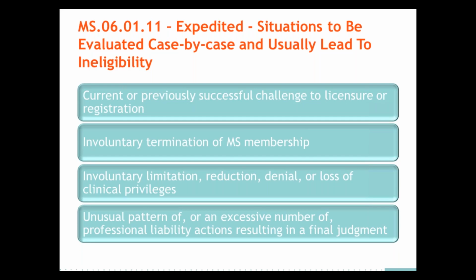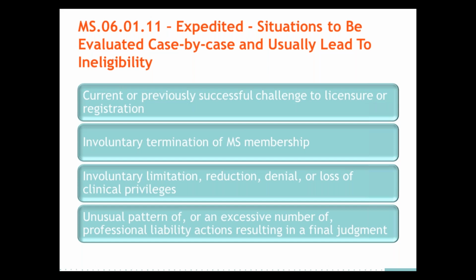So the Joint Commission has what they call situations that need to be evaluated on a case-by-case basis and would usually lead to ineligibility. When this standard first came out some years ago, it said that it would lead to ineligibility, but now they've qualified it with the word usually.